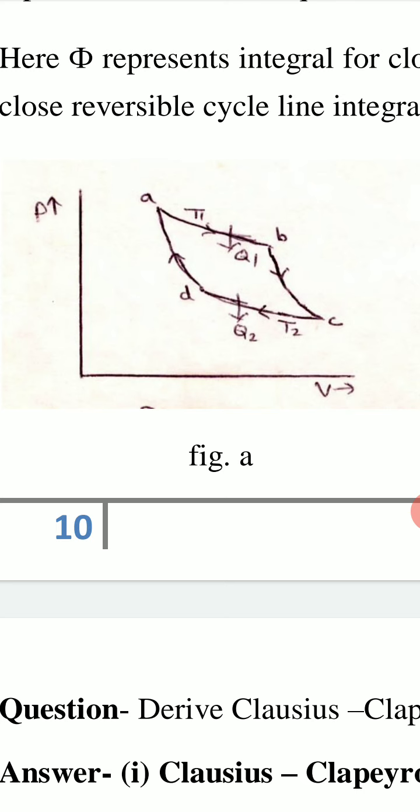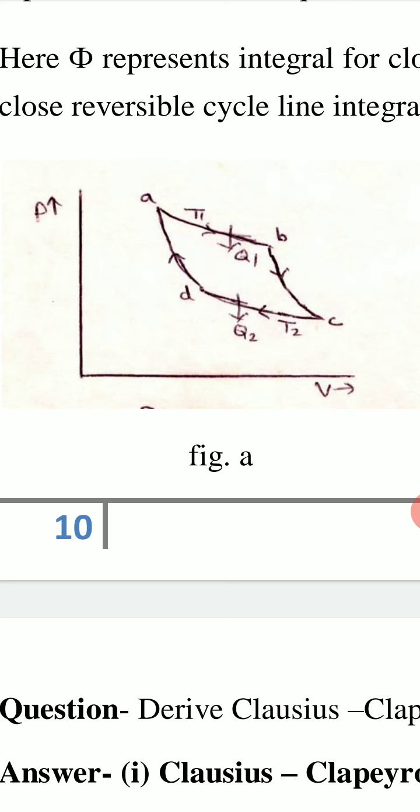First process is AB, and this is isothermal expansion at T1 degree Kelvin. T1 is the temperature of heat source, and in this process the working substance, that is ideal gas, absorbs Q1 heat.